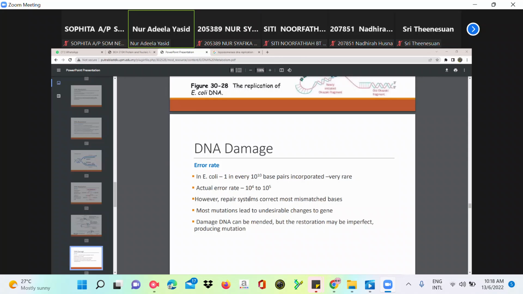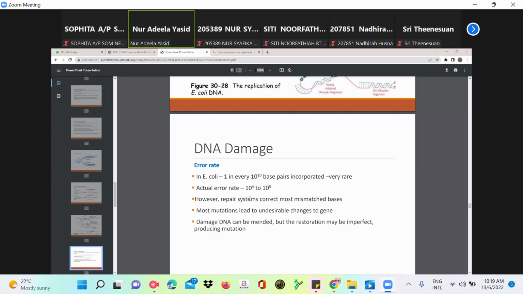DNA damage is very rare. For example, in E. coli, 1 in every 10 power of 10 base pairs incorporated. What does that mean? During DNA replication, DNA polymerase adds new nucleotides for complementary base pairing.